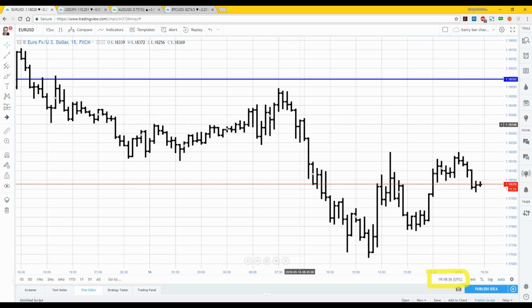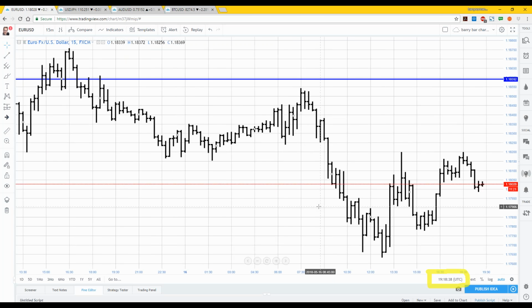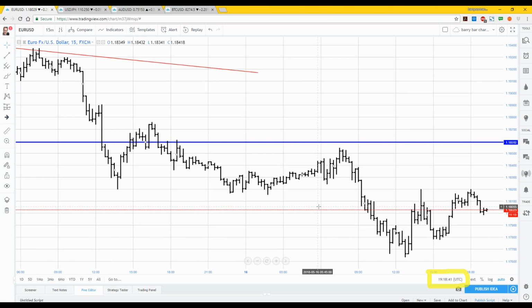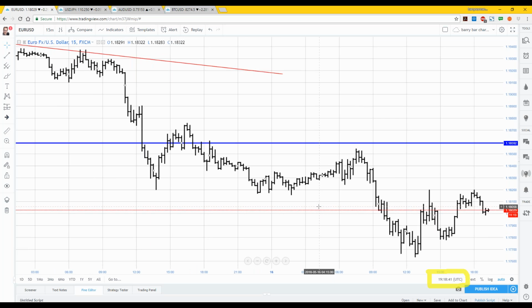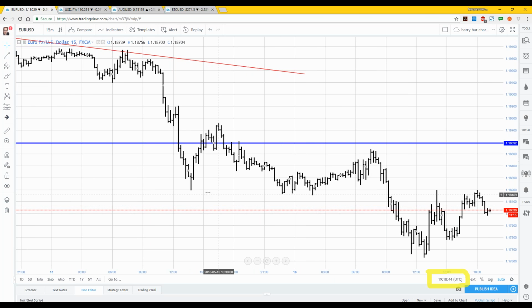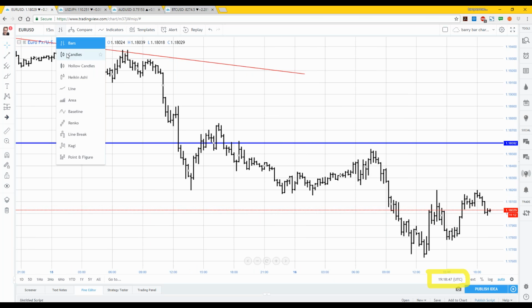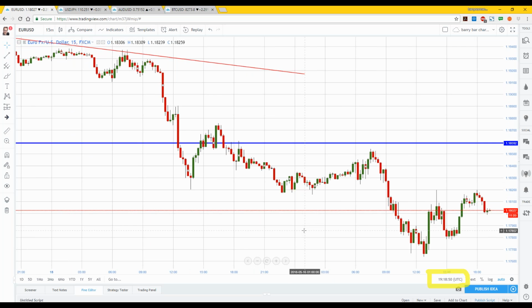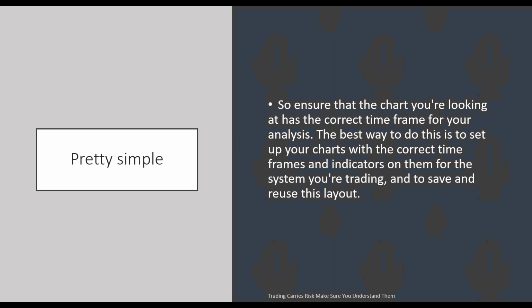I'll usually do my analysis on a bar chart because it's just a cleaner chart to use, without the reds and the greens. Then I will flip it back over to my candlestick chart to use my candlestick patterns. But that's some of the things you should know about charts. Now let's go back to my PowerPoint.